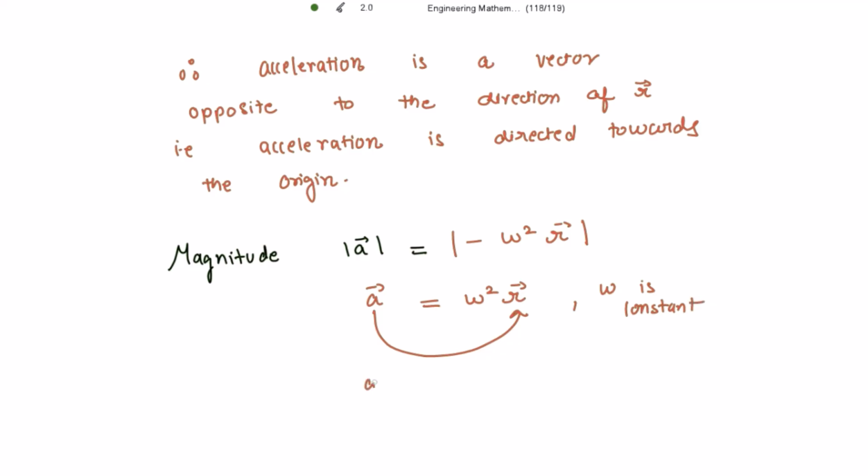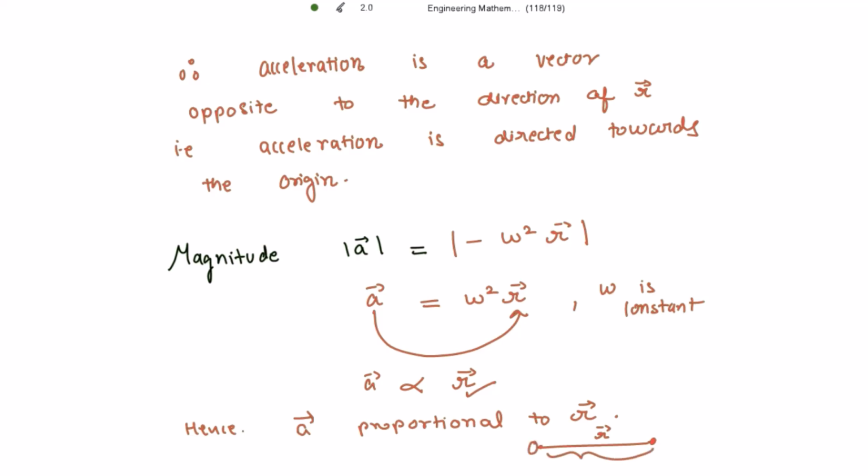Which means this acceleration is directly proportional to the r vector, right? That is the distance of the particle from the origin. This is your particle, this is the origin, this is the distance of the particle from the origin.